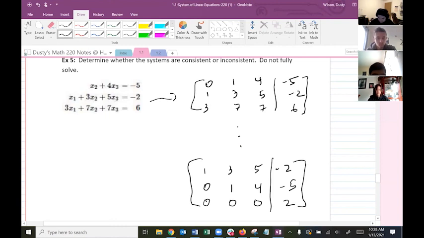This matrix is in a form called echelon form. It's not reduced row echelon form yet, but it's in echelon form, and we'll talk more about that down the road.